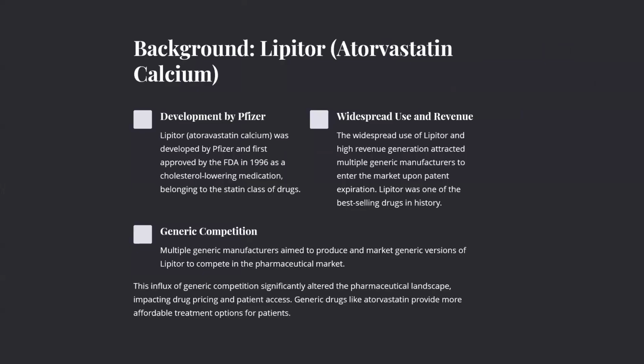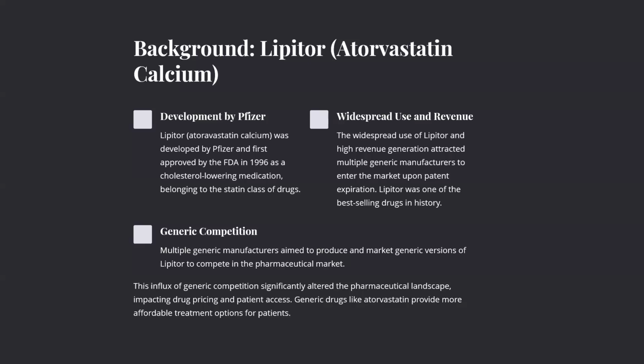Okay, so let's start. Lipitor was developed by Pfizer and first approved by the FDA in 1996 as a cholesterol-lowering medication belonging to the statin class of drugs. From here you can see it got approval in 1996. As per patent rules, a patent expires in 20 years, right? The widespread use of Lipitor and high revenue generation attracted multiple generic manufacturers to enter the market upon patent expiration.